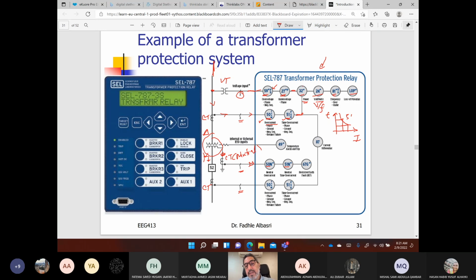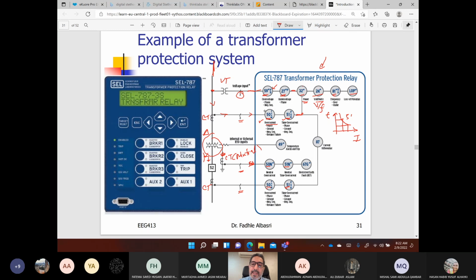As a result, you can detect ground faults by measuring the neutral conductor current or the ground conductor current. Similarly, at the star side of the power transformer, I also have CTs in each phase. So we have 50 and 51 functions, which are the instantaneous overcurrent function and the time overcurrent function.